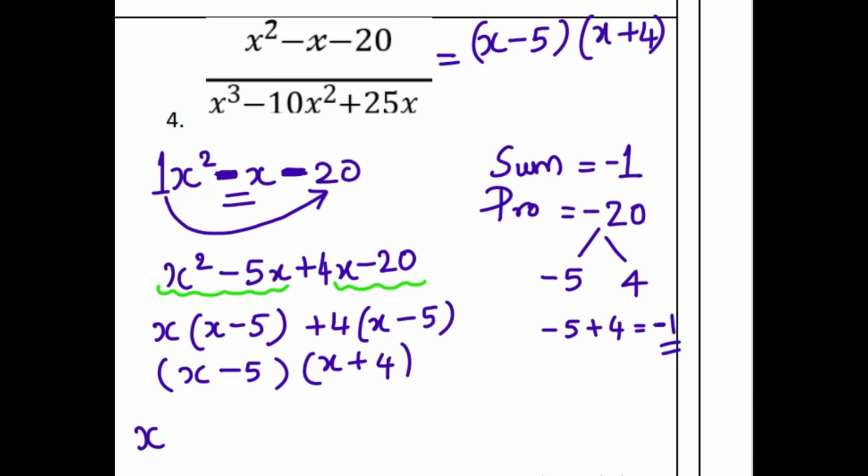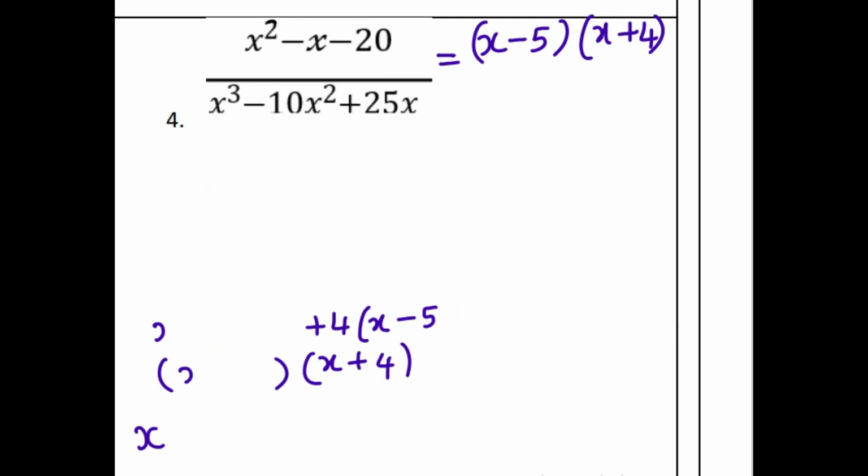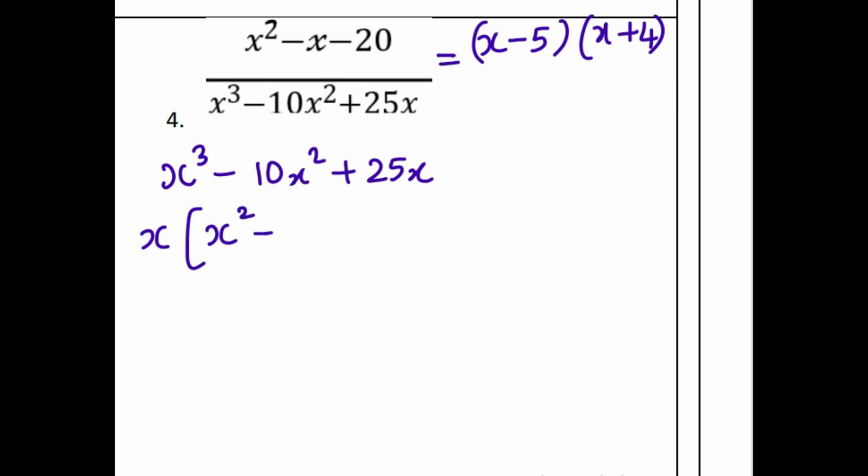And I'll just erase this part to simplify the denominator. The denominator is x cubed minus 10x squared plus 25x. As a first step, I can see x as a common factor for all the three. So what comes inside here is x squared minus 10x plus 25.